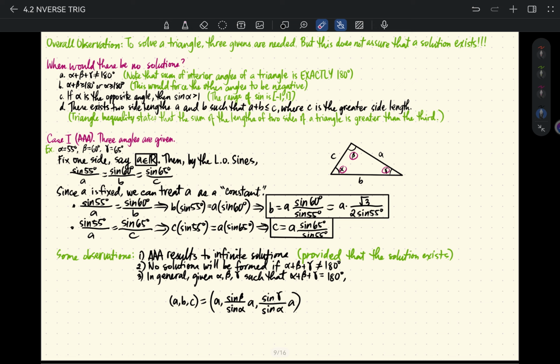And for letter C, you have A times sine of gamma divided by sine of alpha.